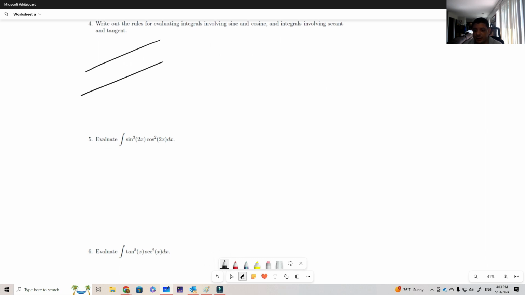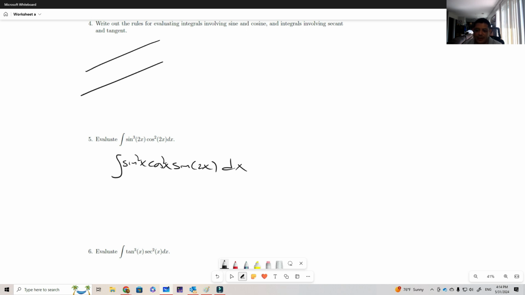So for example, here we have sine cubed and cosine squared. Because this is the odd member, I can pull one of those aside, and the one that I'm pulling aside becomes my du in the substitution. Notice that I now have sine squared, cosine squared.